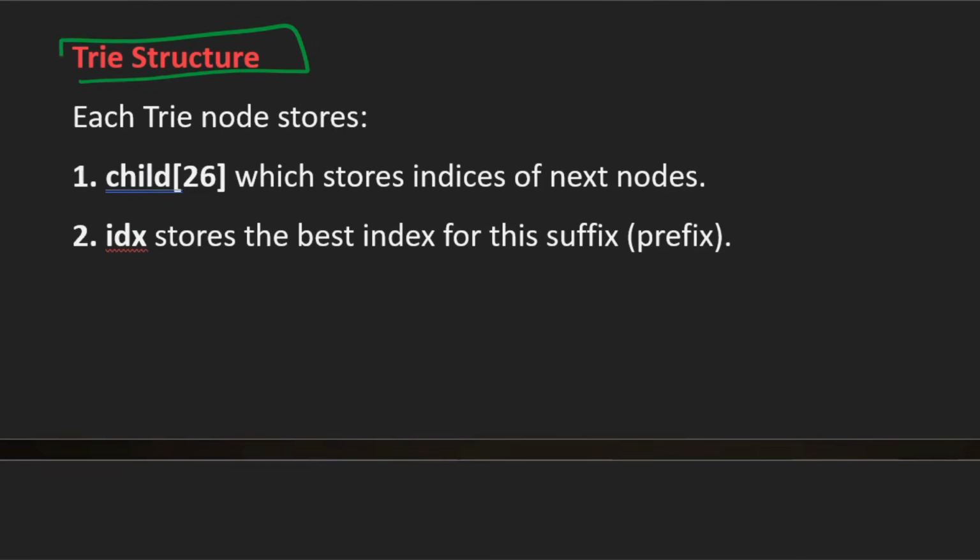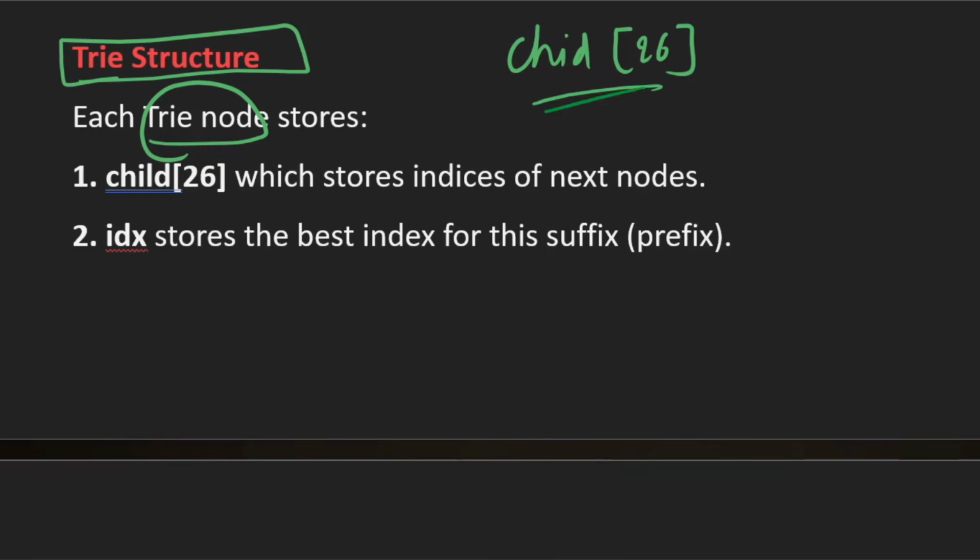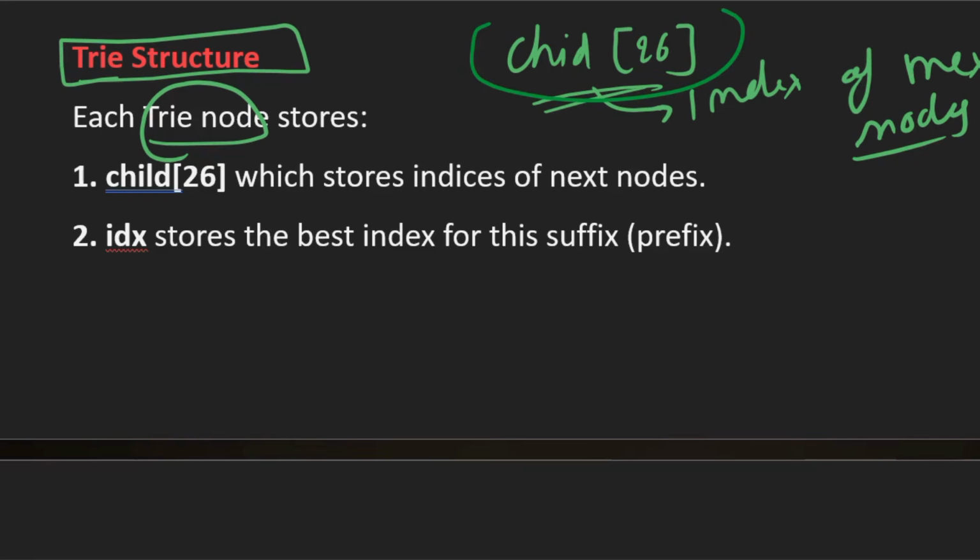Next, what does our trie structure look like? Our trie node will contain an array named child whose size is 26. This array will store the index of the next nodes. And there is one more variable named index.